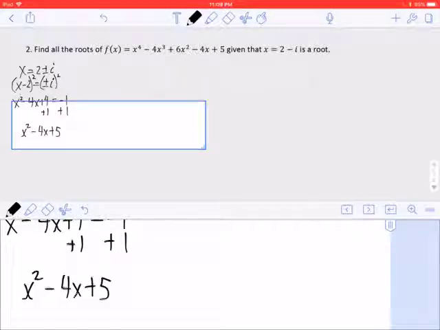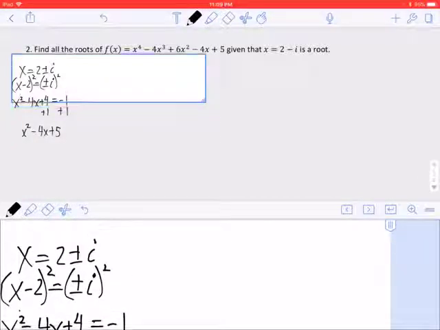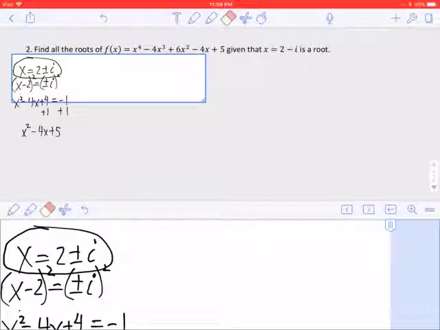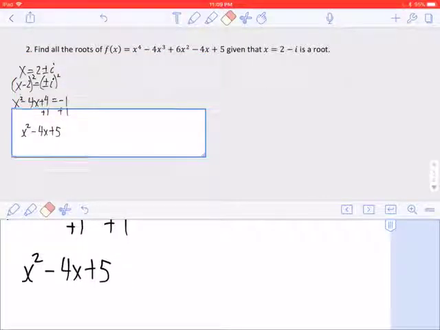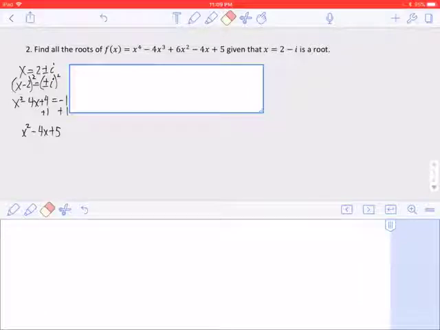By the way, I do need to give a shout out to Ella Garcia, because I was using a different method than this one, and I think this is a way easier way to find the quadratic. So, thanks, Ella.